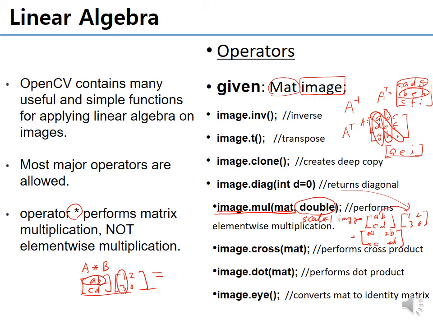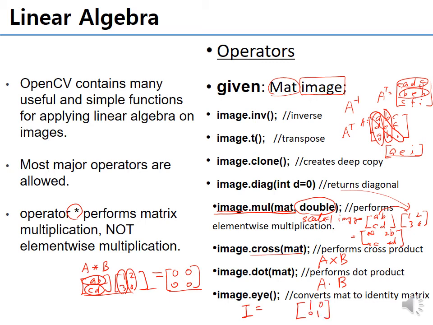This row and this column will be multiplied, and this row and this column will be multiplied, and it will create a 2 by 2 matrix. Image.cross will perform the cross product, image.dot means A dot product B, and image.I will create I, the identity matrix.